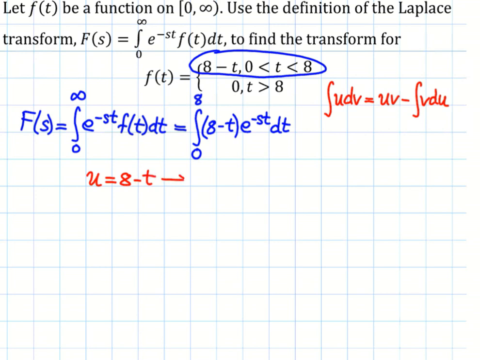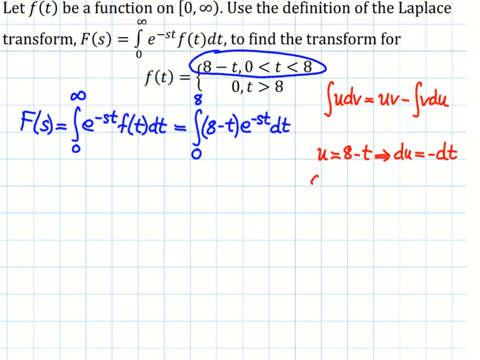So when we take the derivative, let's just write that over here. u is equal to a minus t. du is equal to negative dt.